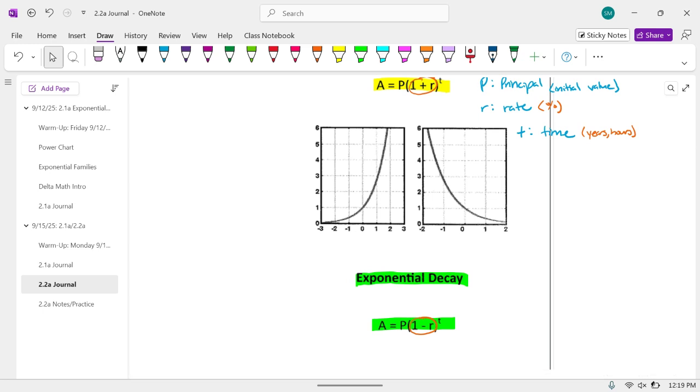Now, a good way to remember which one is which is think about it this way. We know that the R has to be a decimal when we put it in. So the percent's now a decimal. What is 1 as a percent? So the decimal 1.0, what is that as a percent?